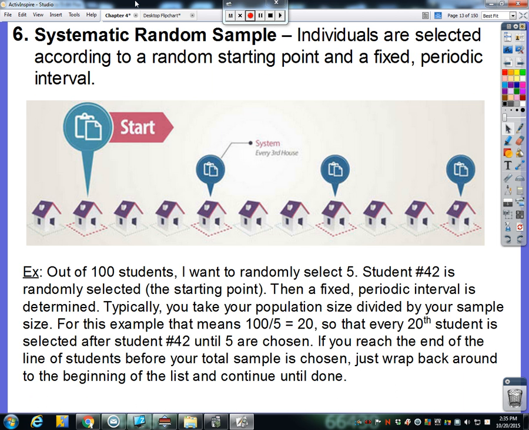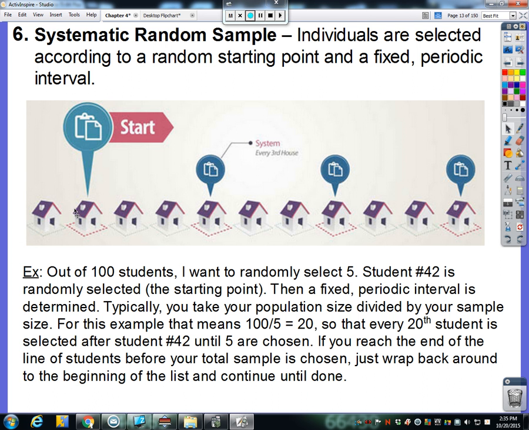Number 6, a systematic random sample. The systematic part means we have a system for how we are going to randomly select our individuals. So individuals are selected according to a random starting point and a fixed periodic interval. For instance, if I had a street that had many houses on it, instead of randomly picking which houses I want, I could come up with a random starting point.